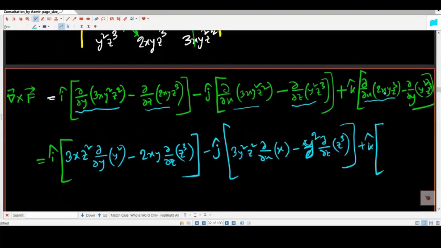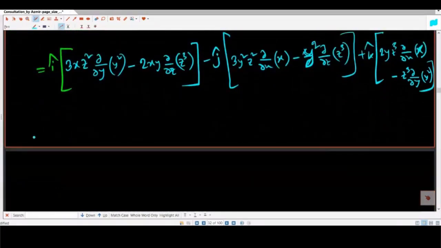Plus k. We are differentiating in terms of x. So 2yz cubed is constant. Differentiation of x, negative. We are differentiating in terms of y. So z cubed is constant. We have ddy of y squared.